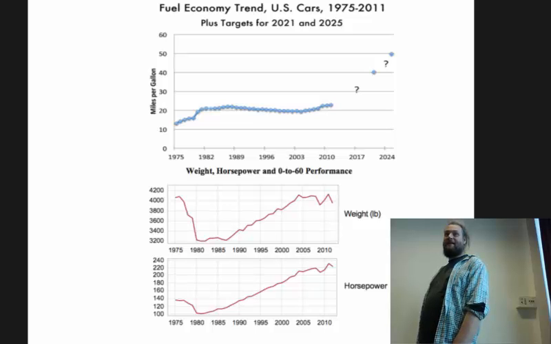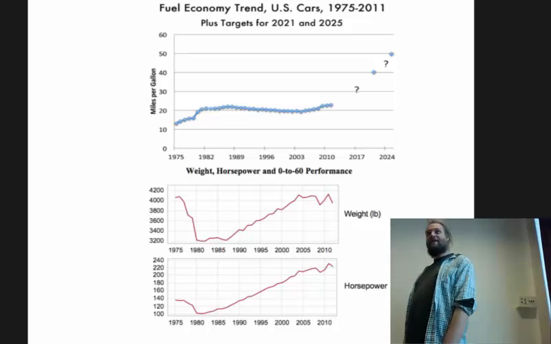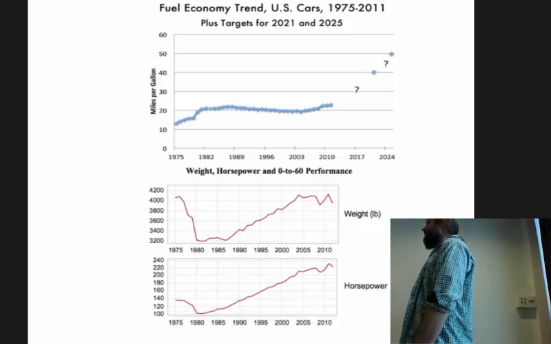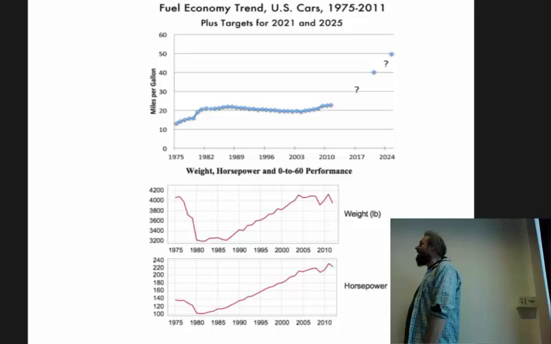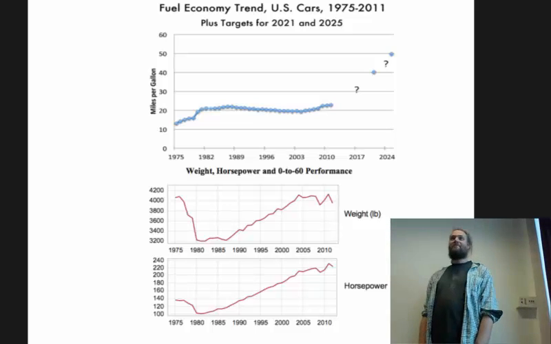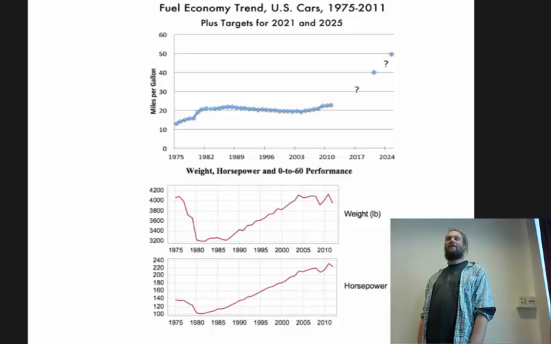You have cars that are a lot heavier now than they used to be 30 years ago. You have engines with a lot more horsepower, and still they use the same amount of fuel per kilometer traveled. That's remarkable technological progress.